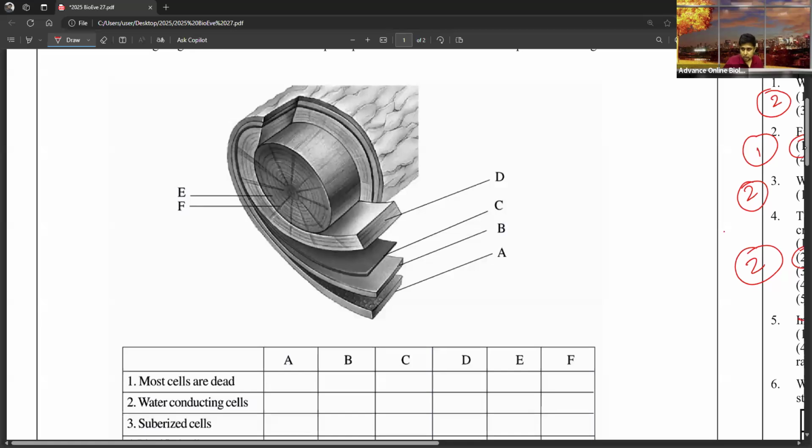A, B, C, D. I think D is sapwood. E and F. F is vascular ray.